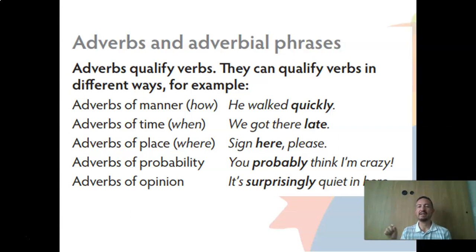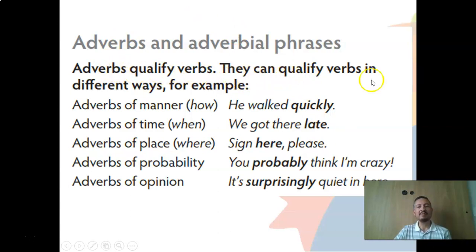So it's qualifying the car. But sometimes we have words that don't qualify nouns, but they qualify verbs. They change a little bit the meaning of the verb. And these words that qualify verbs are called adverbs. Take a look. So adverbs qualify verbs.